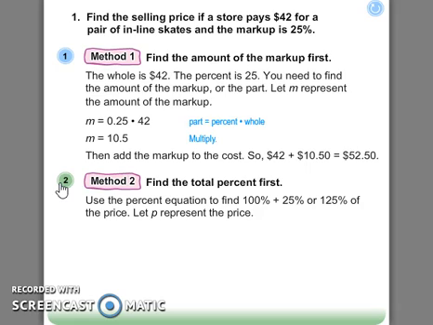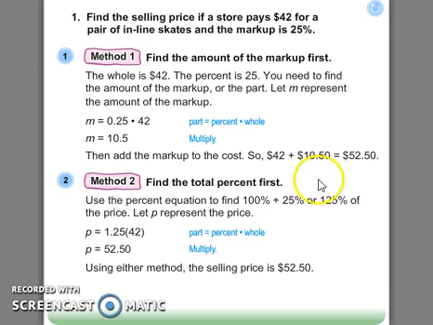If we wanted to find this another way, we could use the percent equation still without having to do any adding. Instead of saying we're going to find 25%, we're going to say they're going to sell their item for 100% of what they bought it for, plus the 25% that they're adding on. So really they want to get 125% of the price.